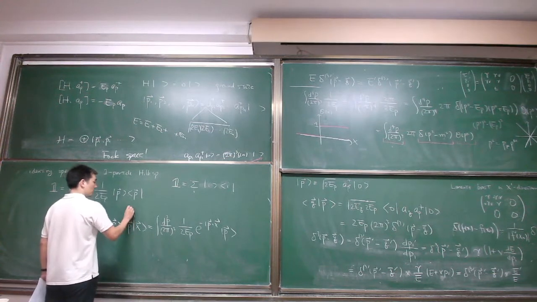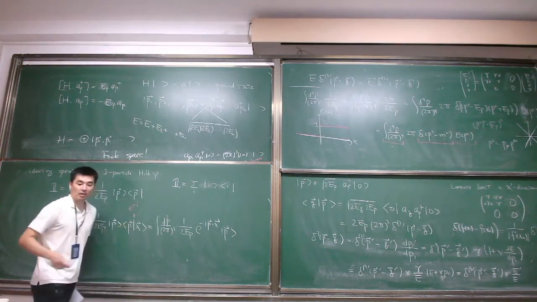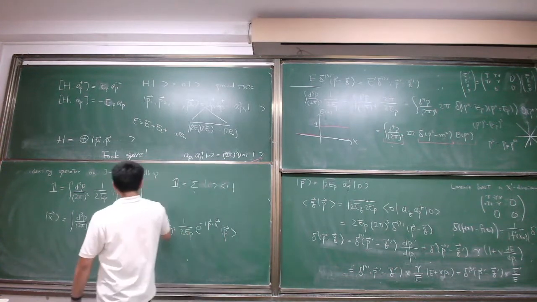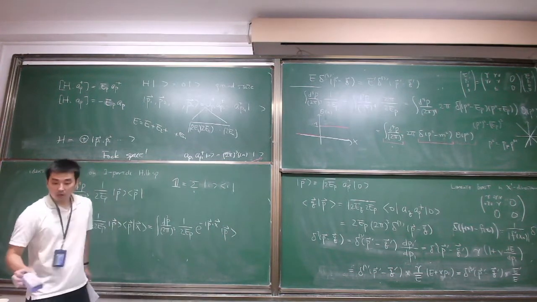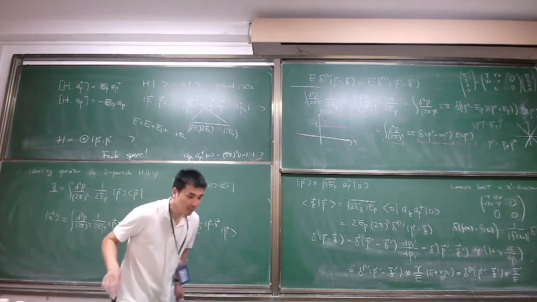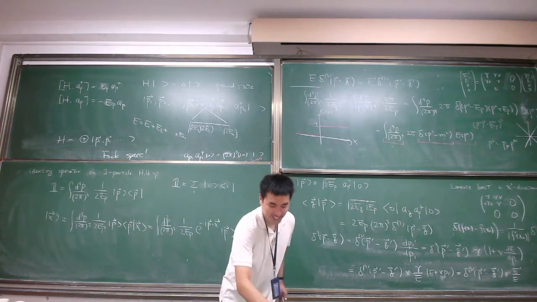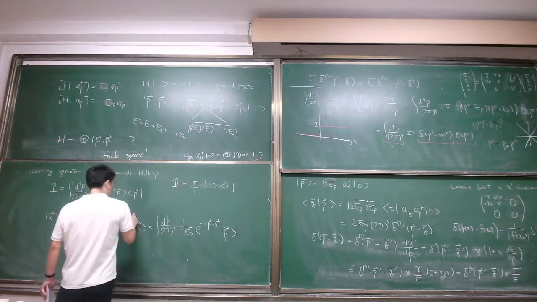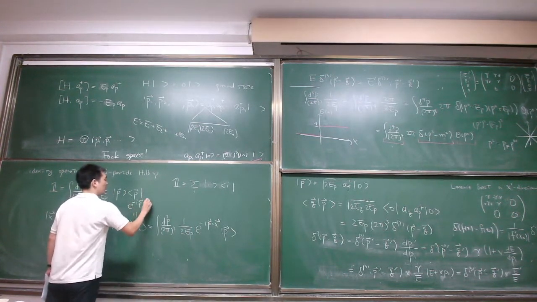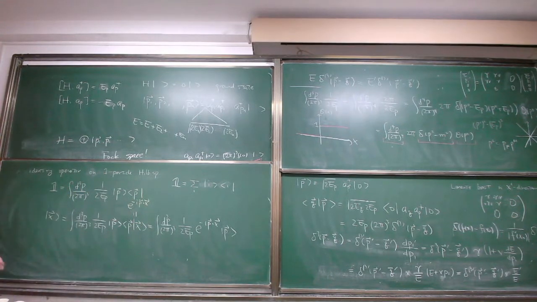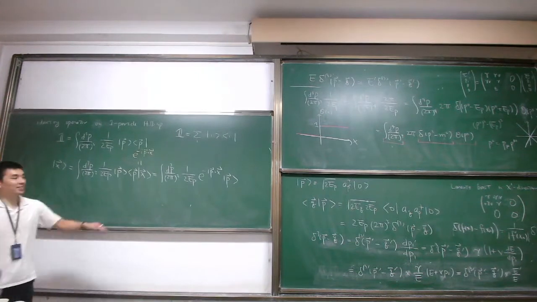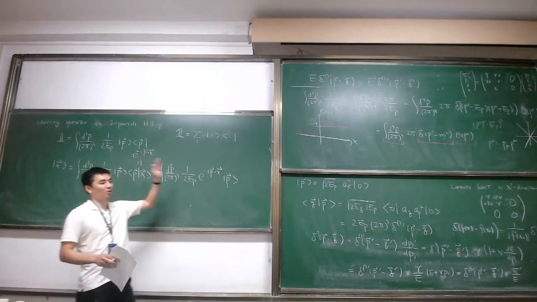I think red is hard to see from the back, so I should use yellow. So this is the Fourier transformation of the states in momentum space to the coordinate states.